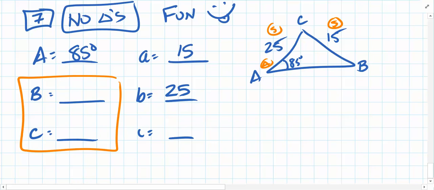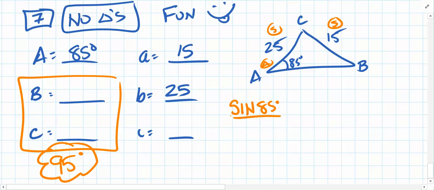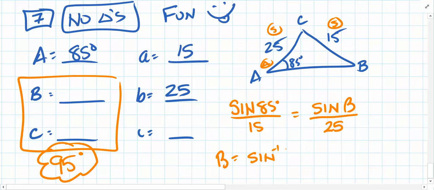All right, so we're going to set up the only law of sines that we can. Sine of 85 degrees over 15 equals the sine of angle B over 25. So B is the inverse sine of 25 sine 85 over 15. Okay? So we're going to plug this into our calculator right now.